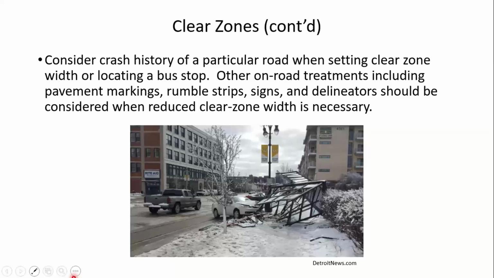But I'd look at the crash history of a particular road section when you're setting clear zone widths or locating a bus stop, and think about on-road treatments to help keep drivers on the road. Things like pavement markings, rumble strips, signage, delineation, when you do have reduced clear zone widths, like there maybe was in this situation.